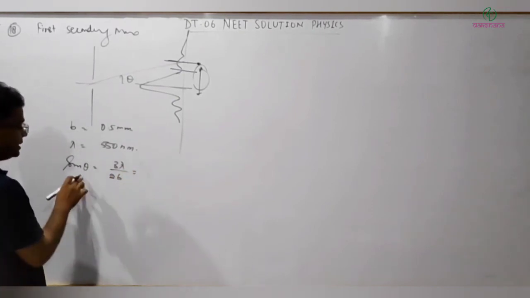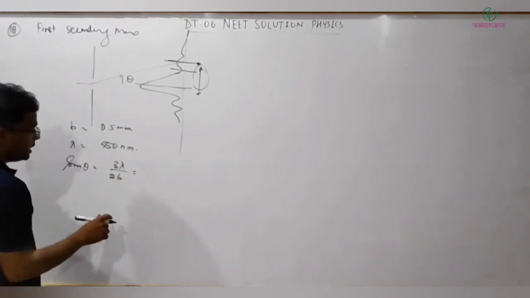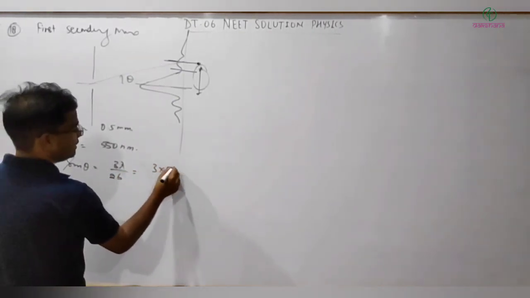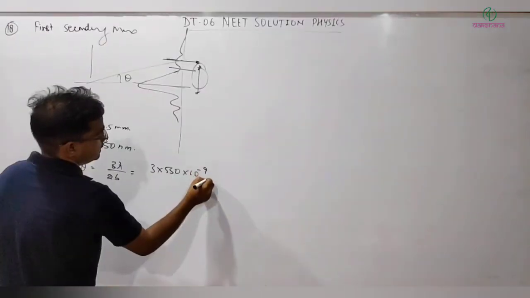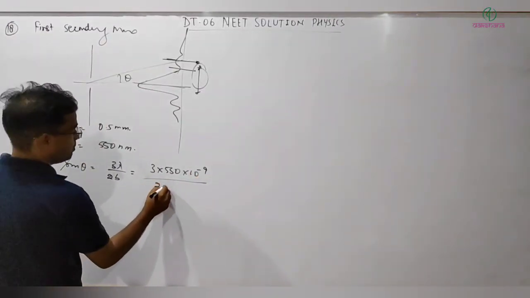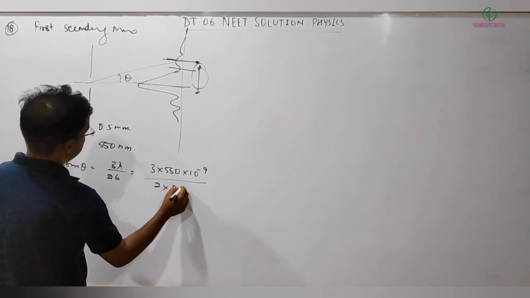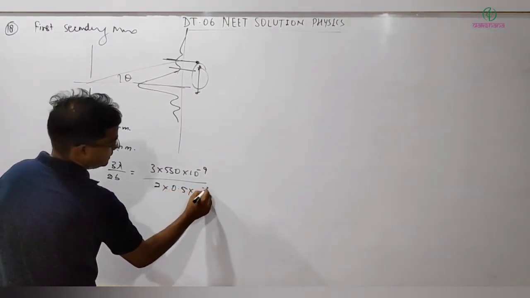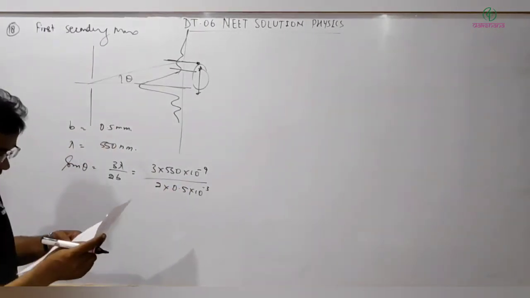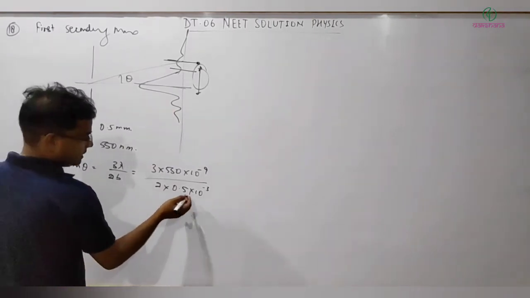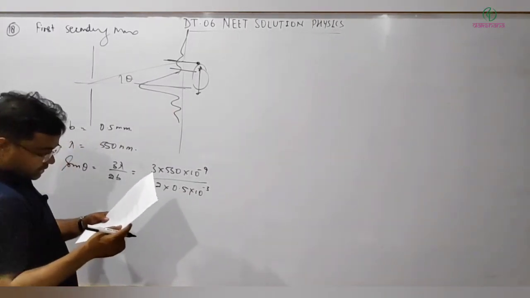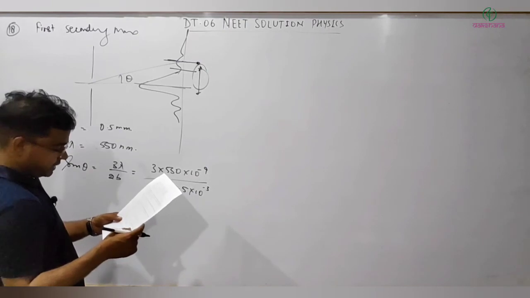Simply substituting, it's 3 into 550 into 10 to the power minus 9, divided by 2 multiplied by d, which is 0.5 into 10 to the power minus 3. The answer is in radians.